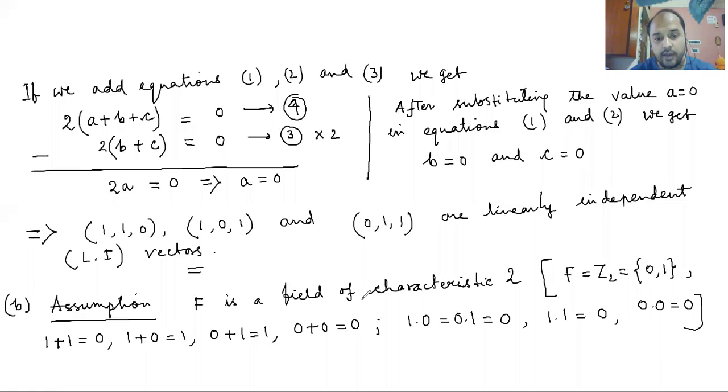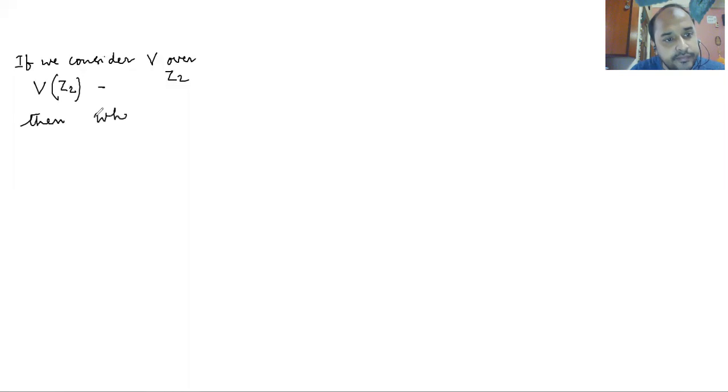So I'm going to check if I consider the vector space V over the field Z2, whether the set S is LI or LD.